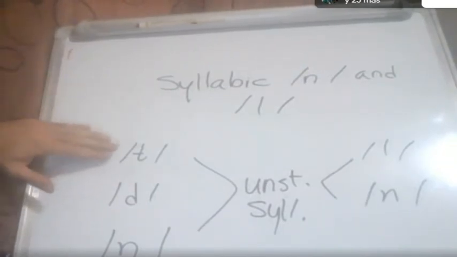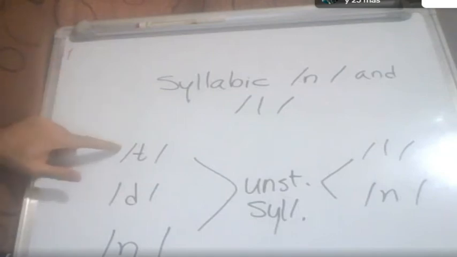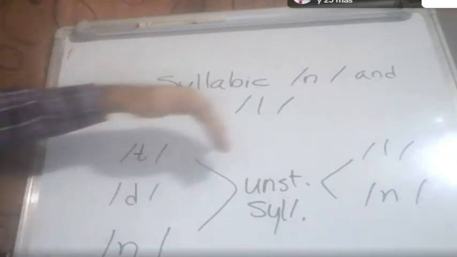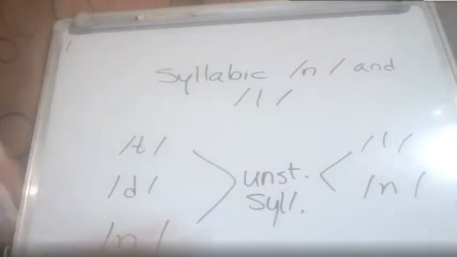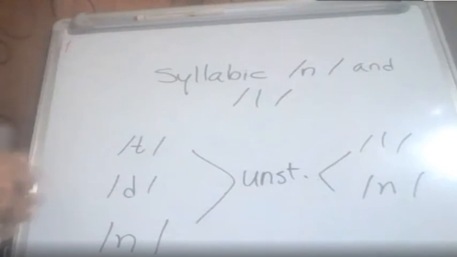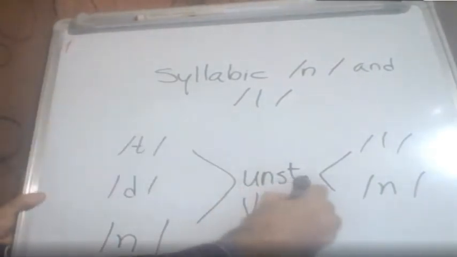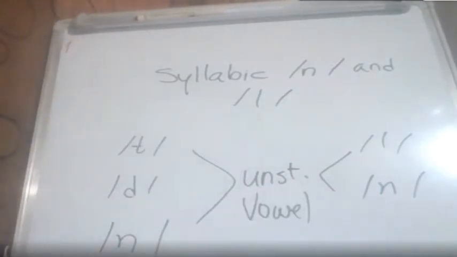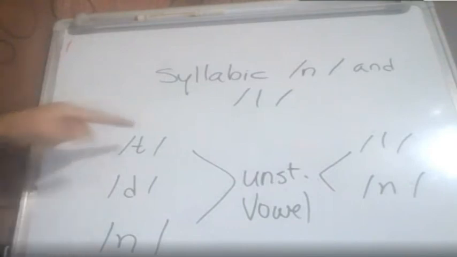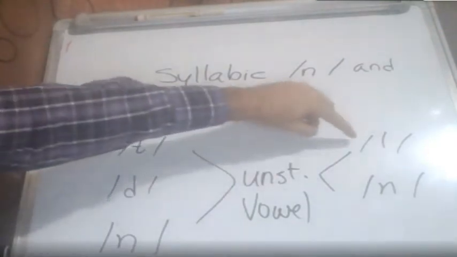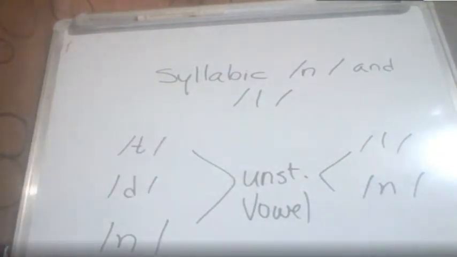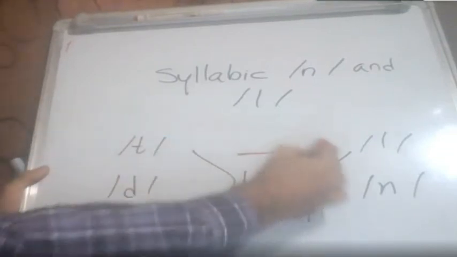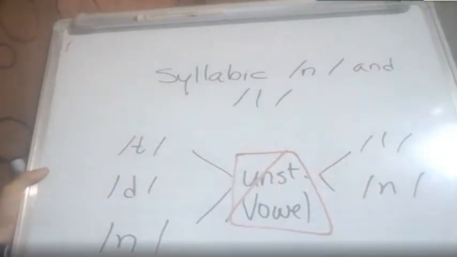It was hard. Okay, this is a rule basically. So when you have a T, D, or N plus an unstressed vowel, okay, I will show it in an example so you can understand it. Plus an unstressed vowel followed by L or N, okay? What happens is that the unstressed vowel basically gets deleted.